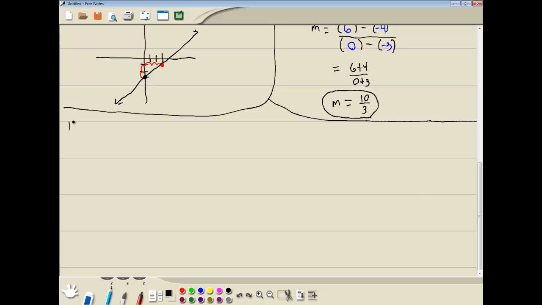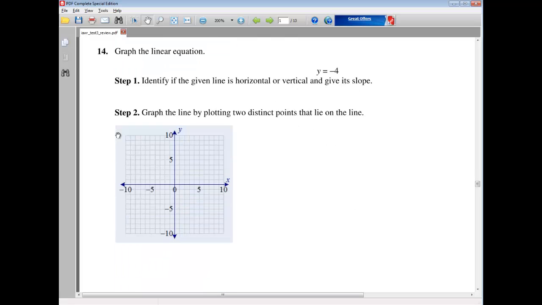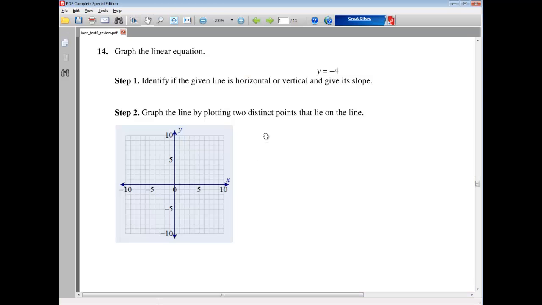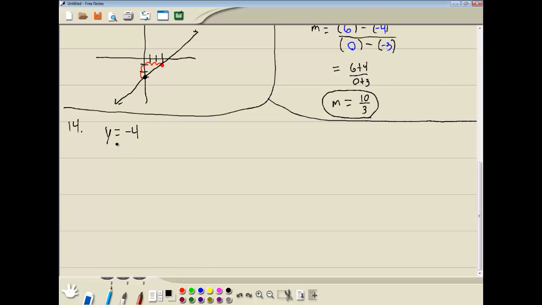Number 14. Okay. I want to graph the linear equation. We got y is equal to -4. They say identify if it's horizontal, vertical, and give its slope. Whenever we have y equals, that's always a horizontal line. And if you have a horizontal line, your slope by default is 0.